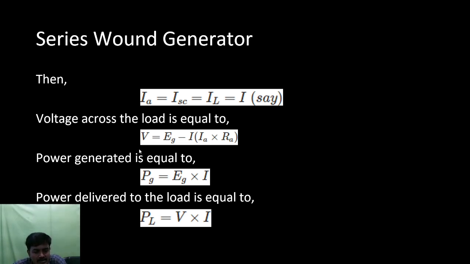The voltage across the load is V is equal to EG minus IA into RA. So the terminal voltage is the difference between the generated EMF and the voltage drop IA into RA.